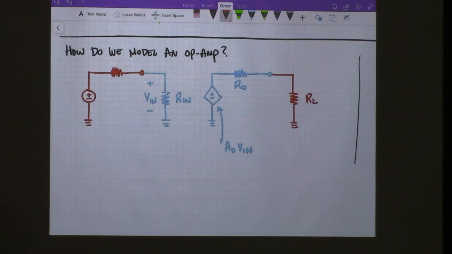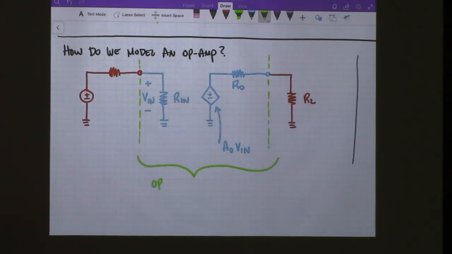So the op-amp model is what is shown in between the green lines.